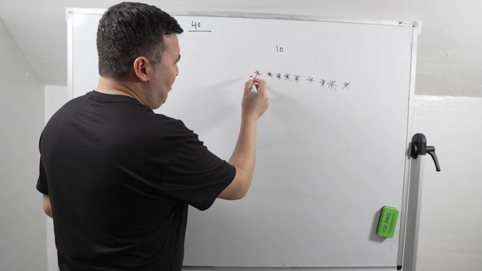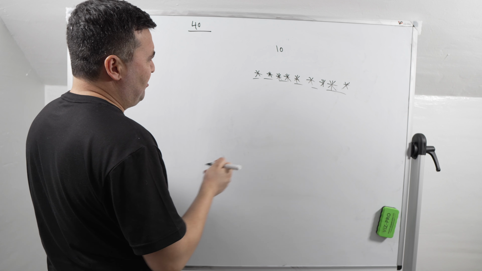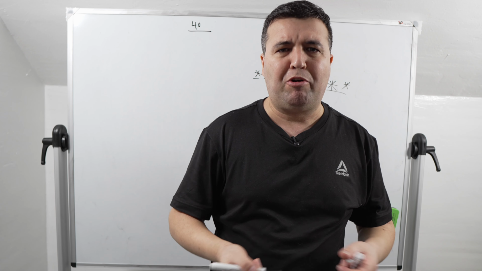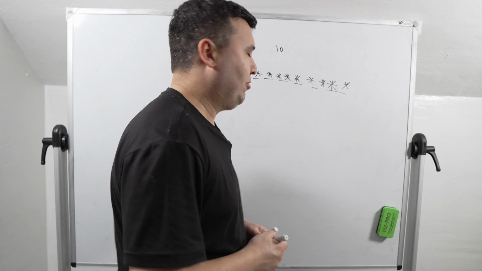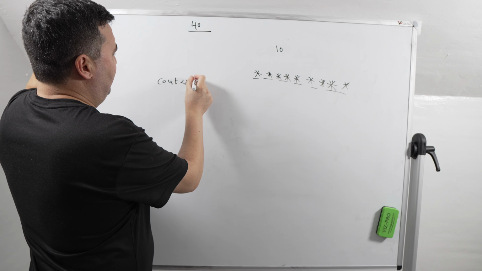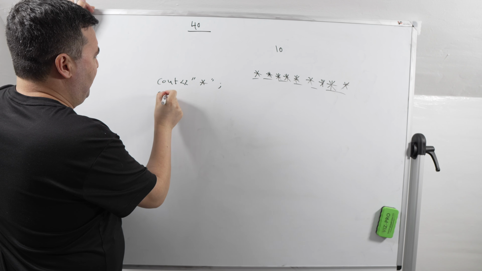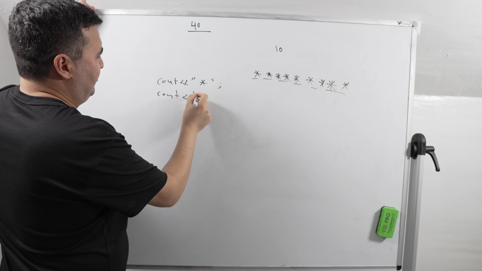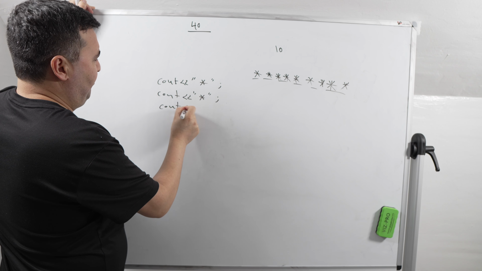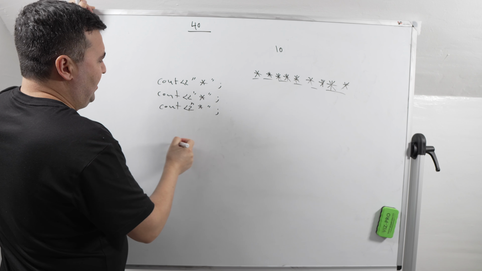Because we have repetition here. If you write this program without a loop, every time you need to write cout, quotation, star, semicolon, then cout again.